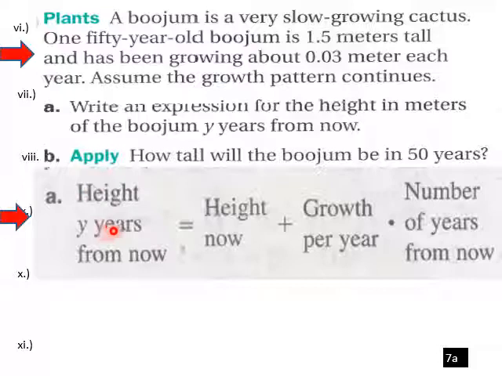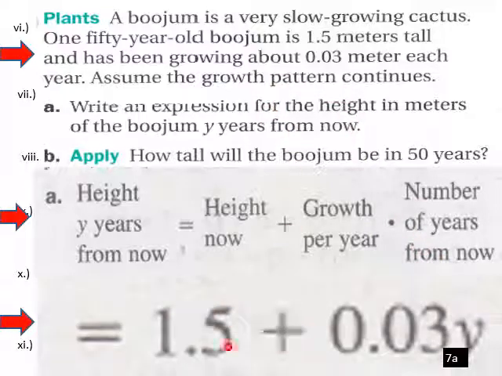So, write an expression for the height in meters of the boojum y years from now. Height y years from now will equal height now plus growth per year times the number of years from now. So we have 1.5 plus 0.03y. Years from now will be our y. 1.5 is the height now, then 0.03 meters each year, and then times the years would be our y.